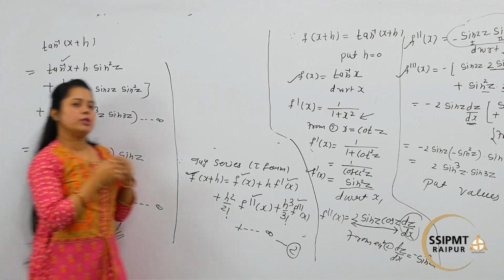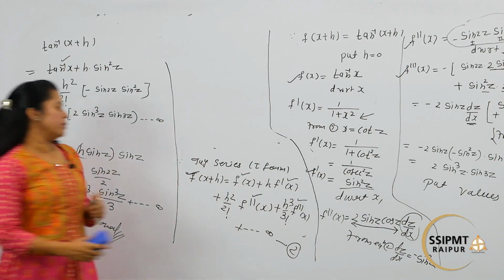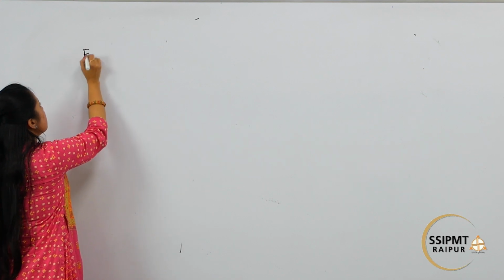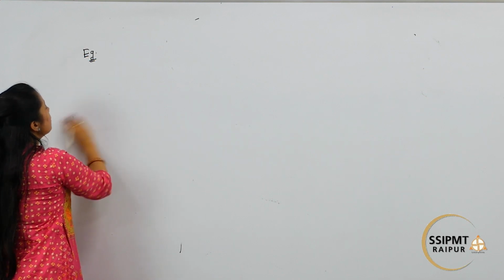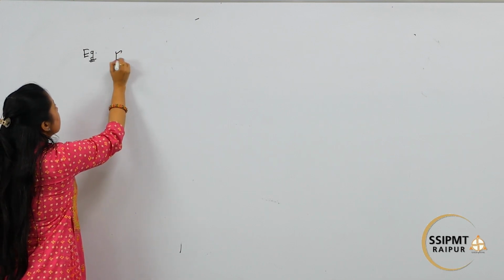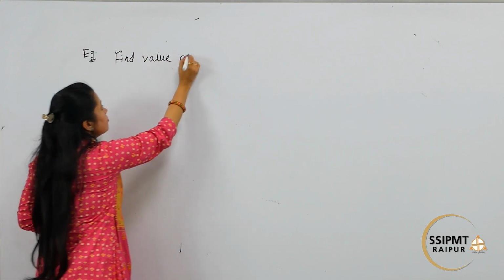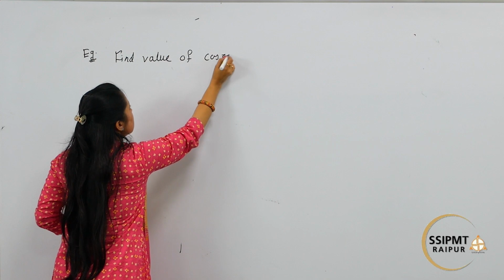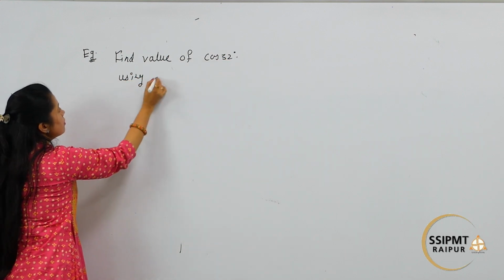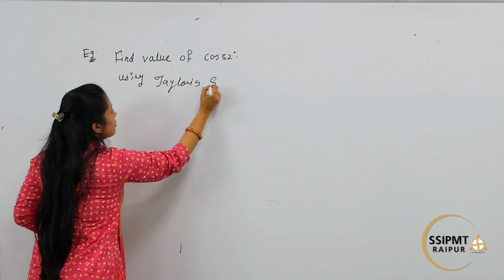Next I will teach you another example of Taylor's first form. So let's see another example. So we are having another example of Taylor series in first form, and it says: find the value of cos 32 degree using Taylor's series.